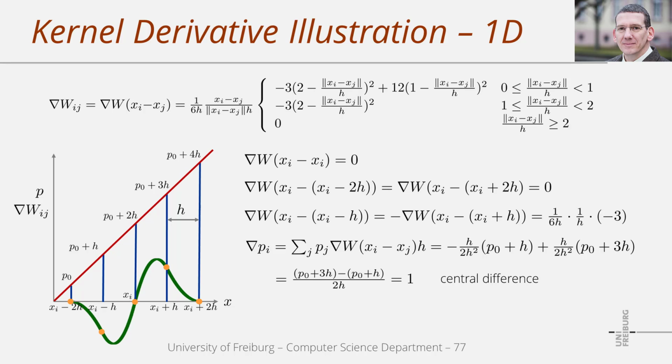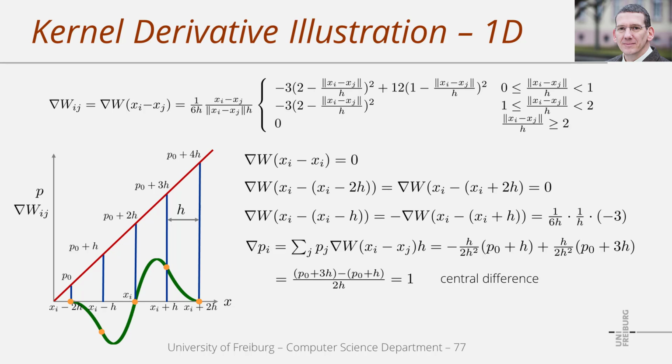So for all neighbors of xi, we evaluate the reversed kernel gradient illustrated with the yellow points. This value is multiplied with the pressure value stored at that sample, and then we accumulate all these products for all neighbors. In this ideal setting, the kernel gradient is 0 for 3 of the neighbors, and finally only 2 samples actually contribute to the result.